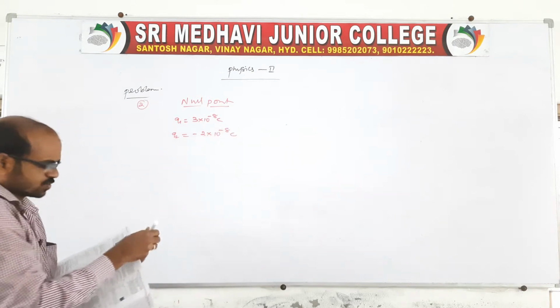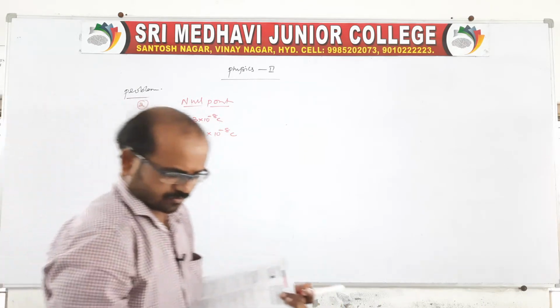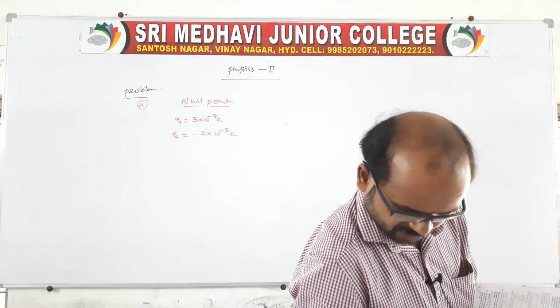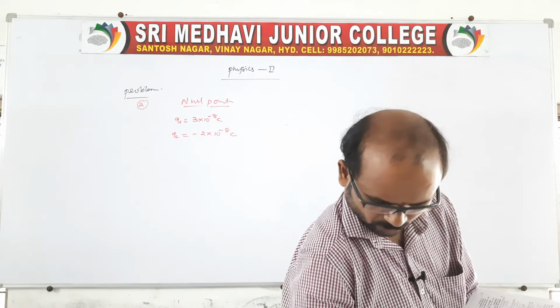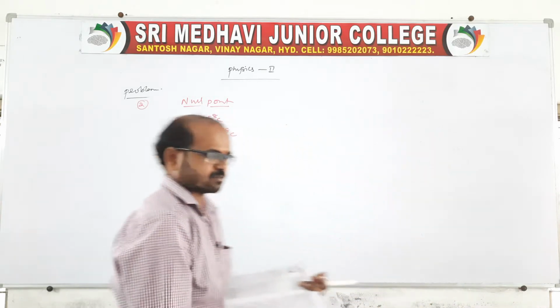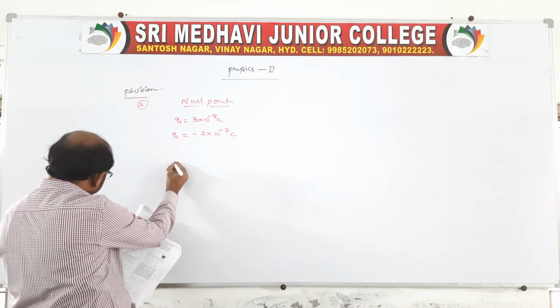Directly we can take the null point formula. Between the charges is there and also away from them. We can take both, no problem. If between, then x is equal to the null point. So how much is the distance between the two charges given?